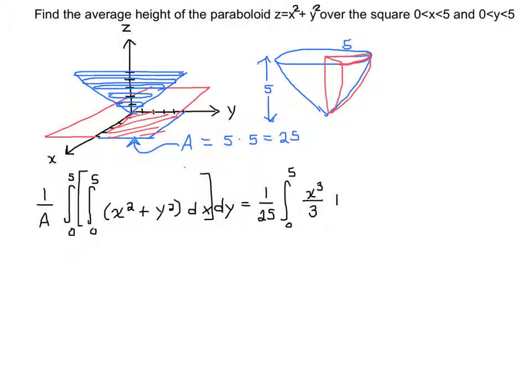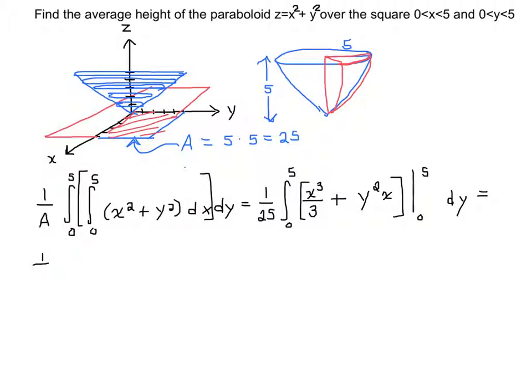And for y squared, we treat it like a constant, so the antiderivative is y squared times x. All of this will be evaluated from 0 to 5, and its result becomes the integrand for the outer integral.